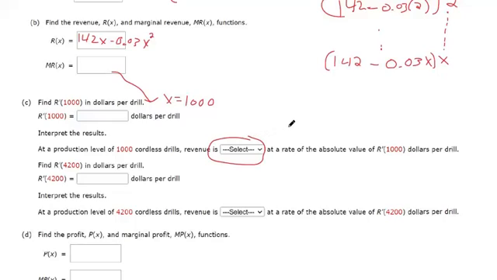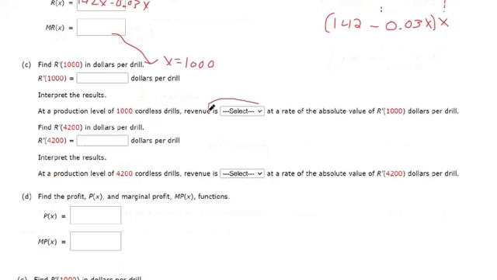Okay, so here, I'll go pull up the problem so I can see exactly what that drop down is. Yep, so you would pick increasing if, when you plug in X equals 1,000, it's positive, right? Because a derivative tells you how fast something is changing.